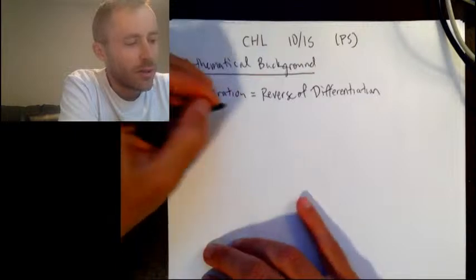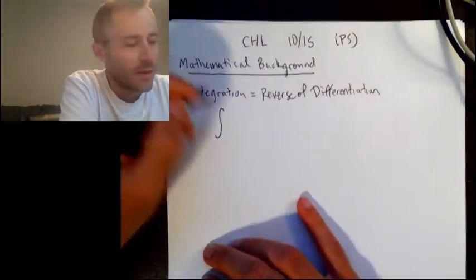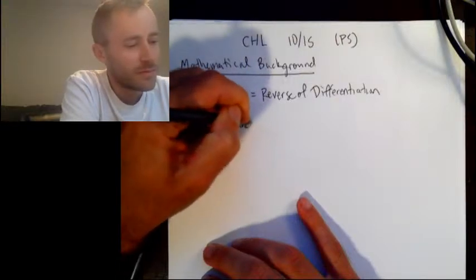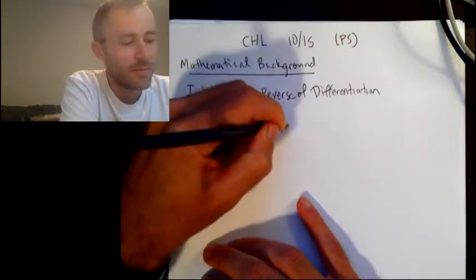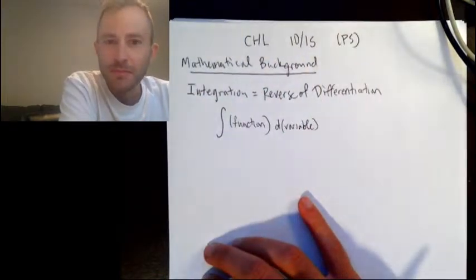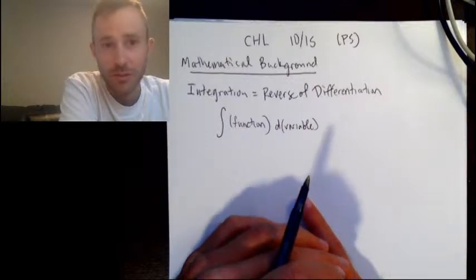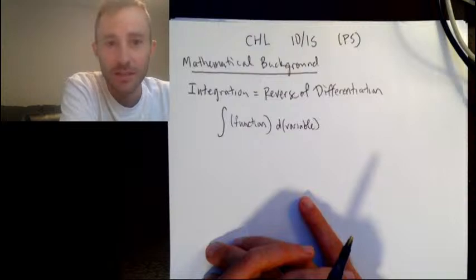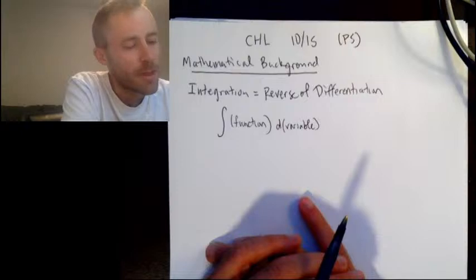The way that you write an integration is integral of a function d variable, where the variable is the variable that you're integrating over. If it's a function of x, then it would be dx. If it's a function of time, then it would be dt. Whatever you're integrating over, it's going to be that.